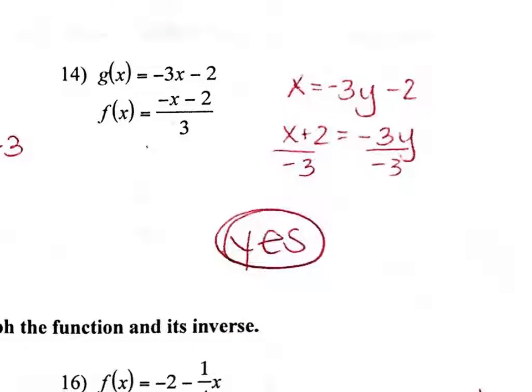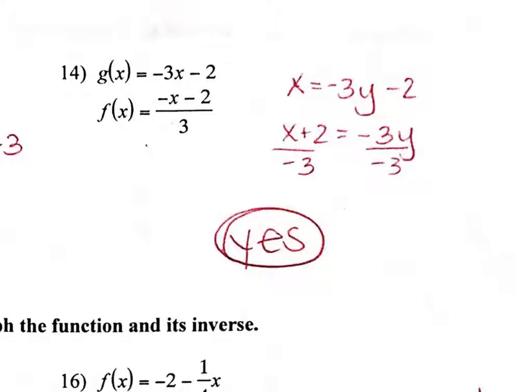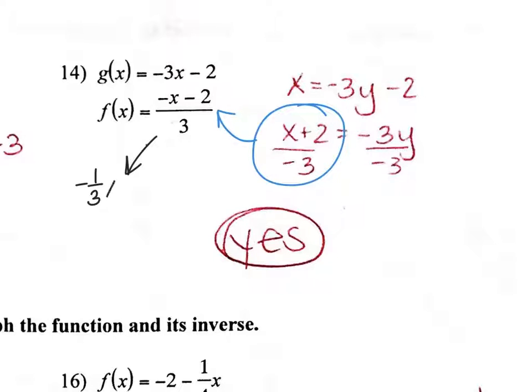Question 14, same idea. I'm solving this first one to see if I get the second one as an answer. Now, one thing that seems a little weird is I stopped here, and for some of you, you're going to say, well, that's very different than what you got there. But if we think about splitting this original answer up, that becomes negative 1 over 3x minus 2 over 3, if I divide both of those.